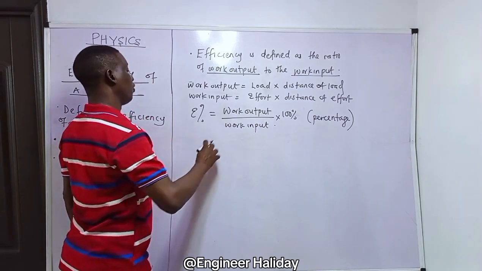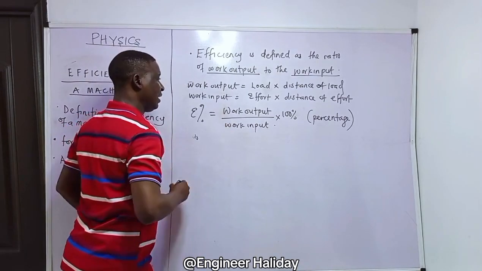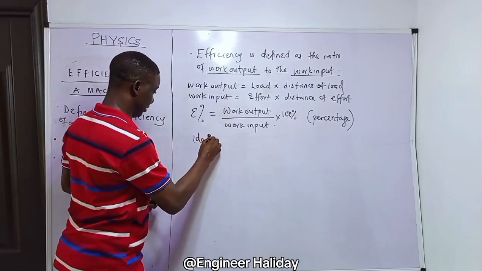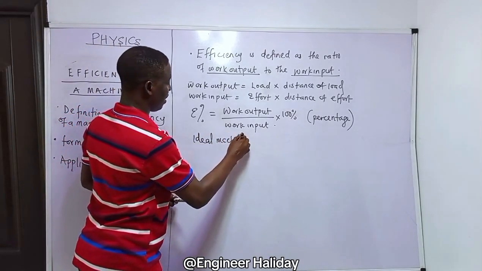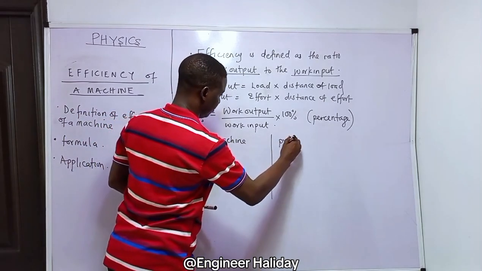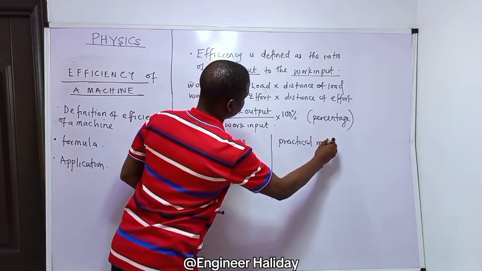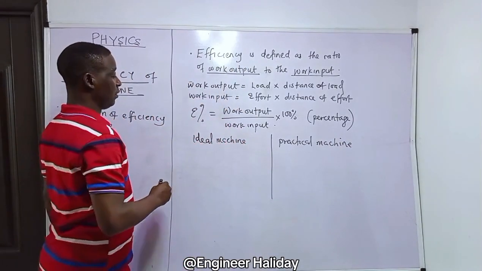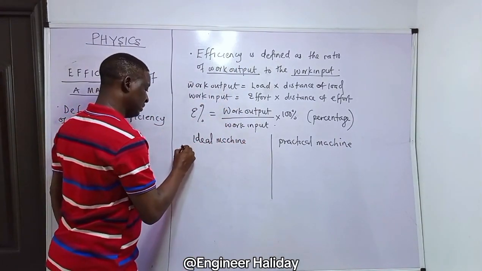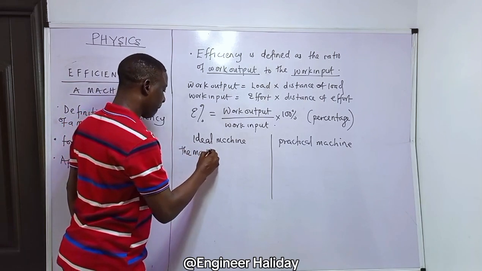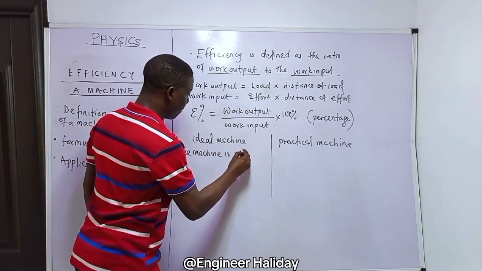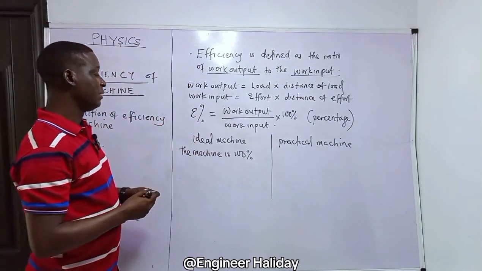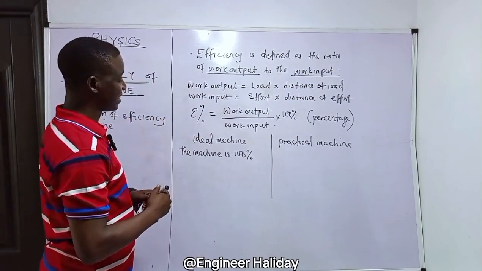Another thing you must note is that we have two types of machine. We have the ideal machine, and we have the practical machine. In an ideal machine, the machine has an efficiency of 100%.